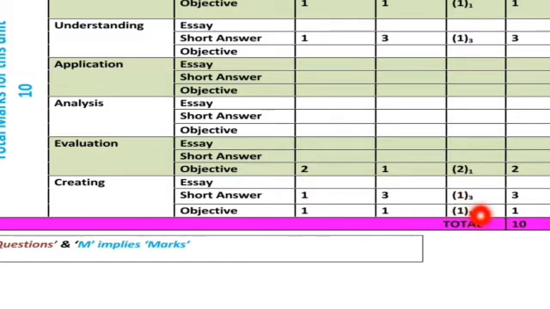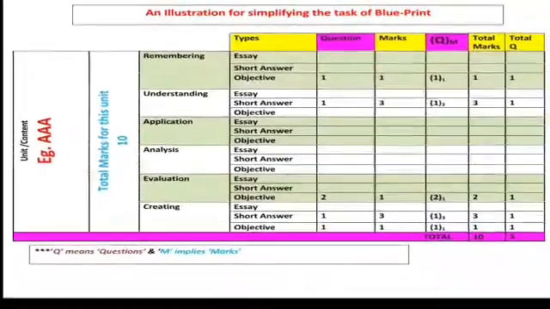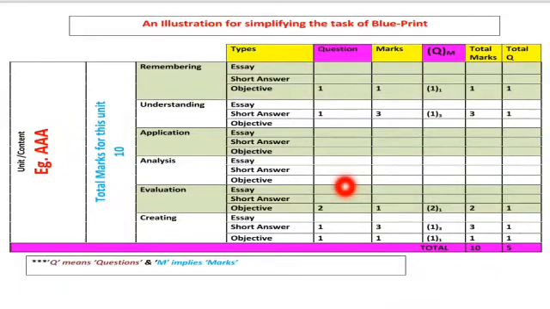Same thing, 1 question of 3 marks. Objective type, 1 question of 1 mark. I've already told you, isn't it? So in unit 1, we have seen that questions come from the remembering part, understanding, and evaluation and creating. These have been touched.